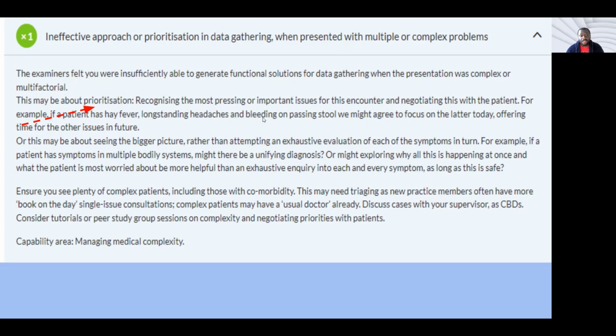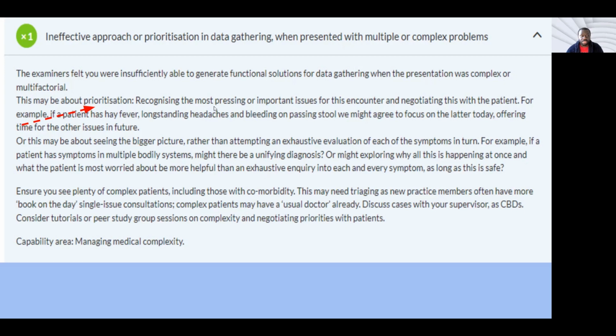The latter is the bleeding on passing stool, bleeding PR. So you need to focus on that. You see they've qualified this as long-standing headache. If it's an acute headache, obviously you want to pay attention to it. If the patient has a long-standing headache, it could be medication overuse headache, for instance, or it's unlikely to be something acute. So you focus on this.